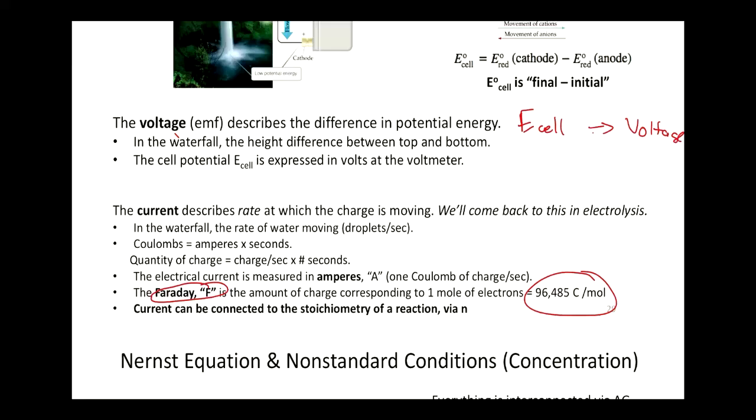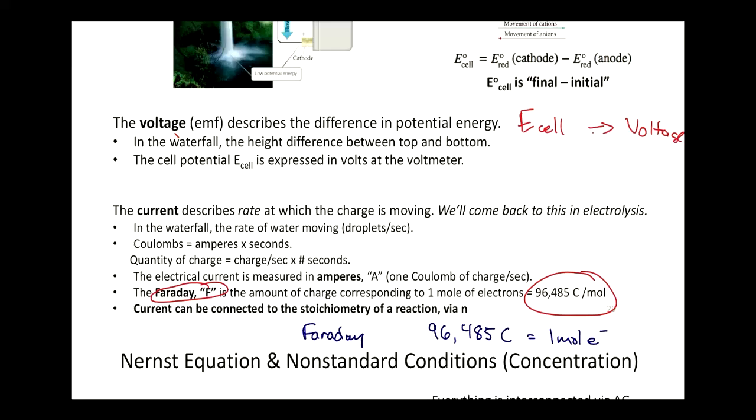What I like to do is use Faraday's constant as a conversion factor: 96,485 coulombs are in 1 mole of electrons. So if you know how much charge is being delivered, you can convert that to the number of electrons.